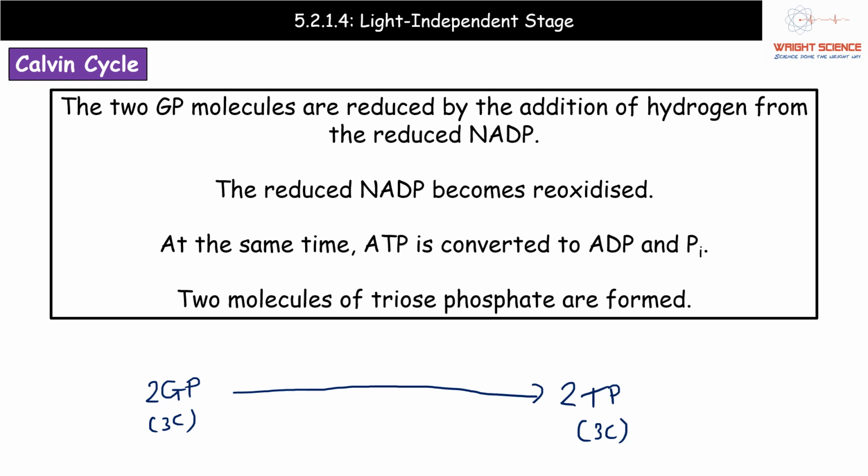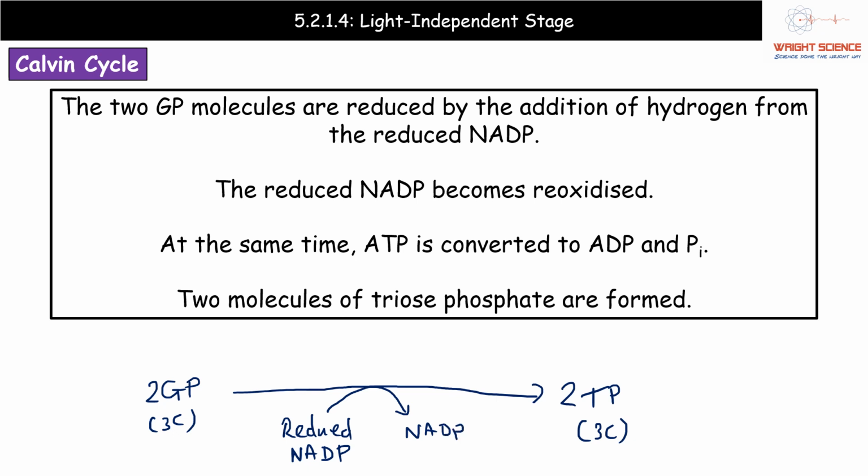The hydrogen itself actually comes from one of those products of the light dependent stage. At the end of the light dependent stage, we generated reduced NADP, and this is then going to be fed into the light independent stage here. So our reduced NADP is then going to give up that hydrogen and become reoxidized to form NADP.